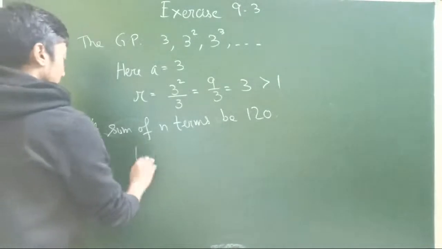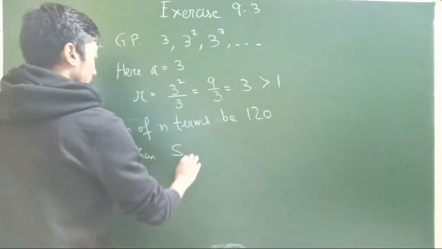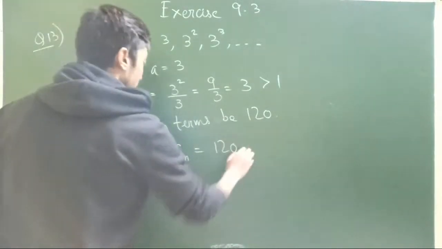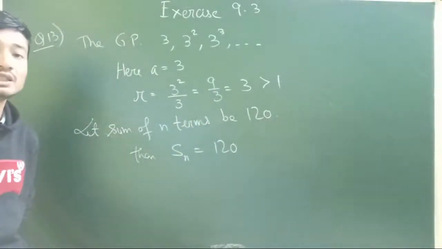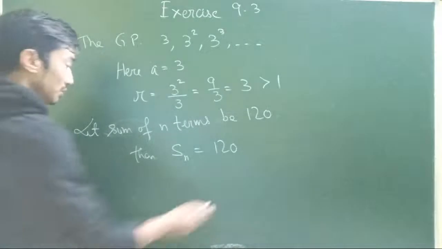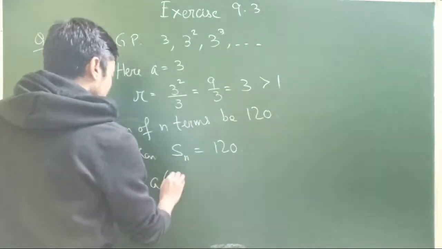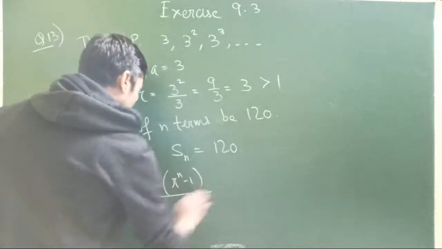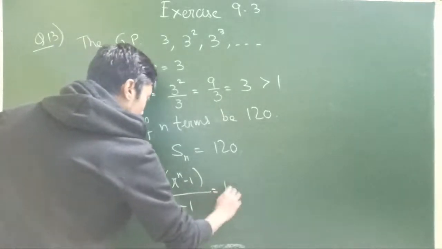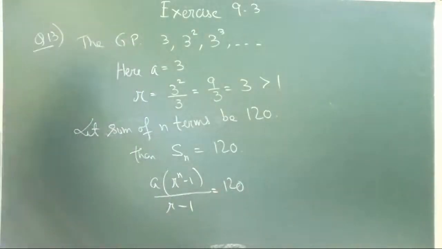So then it will imply Sn is equal to 120. Since the value of common ratio r is greater than 1, we will be using the formula a into r to the power n minus 1, divided by r minus 1, should be equal to 120. So let's substitute the respective values and calculate.